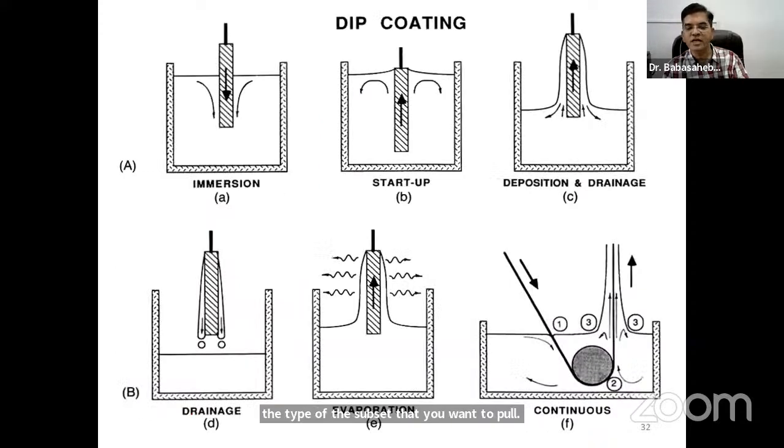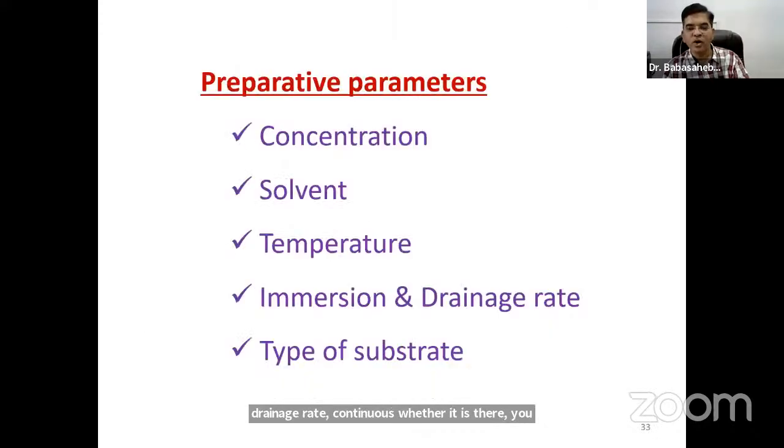Different things come up: immersion, startup, drainage rate, continuous, evaporation rate, which you have to count for. So what are the preparatory parameters? That can be the concentration, what type of solvent you are using, aqueous or non-aqueous, the temperature, the immersion and drainage rate, and what type of substrate it is.